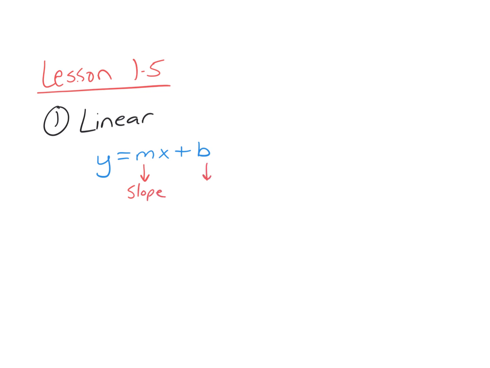Where's our starting point at for all these? Y-intercept. Yep. Let's talk about what these pictures look like quick. If I have a slope that goes up like this, is that positive or negative? It's positive. If I have a slope that's negative, that's going down.